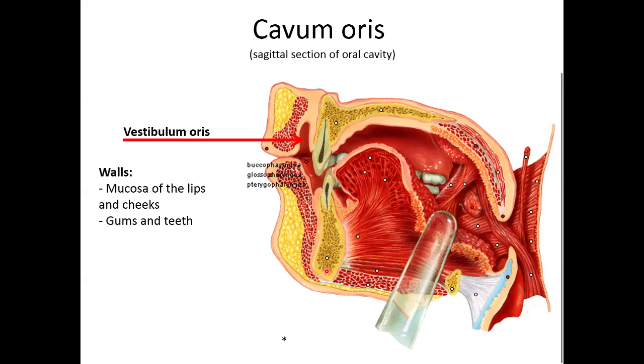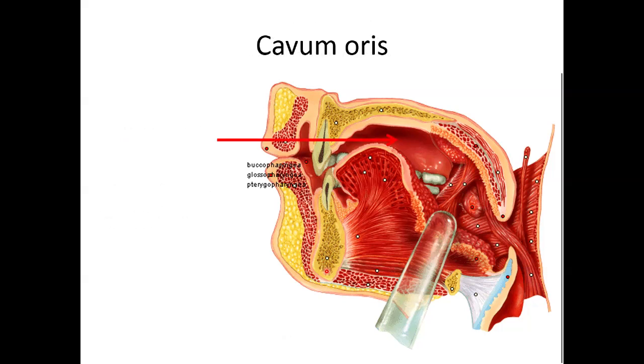So, cavitas oris is divided into vestibulum oris and cavum oris proprium. So now this arrow demonstrates that we are in cavum oris proprium.